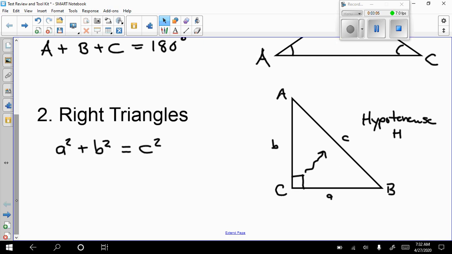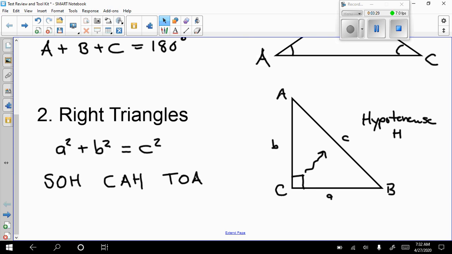But what we learned this year was this idea of the ratios of the sides of a right angle triangle. And what we learned was that there are three ratios that are particularly important, and they're sine, cos, and tan. And then we learned this little method of remembering them, SOHCAHTOA.